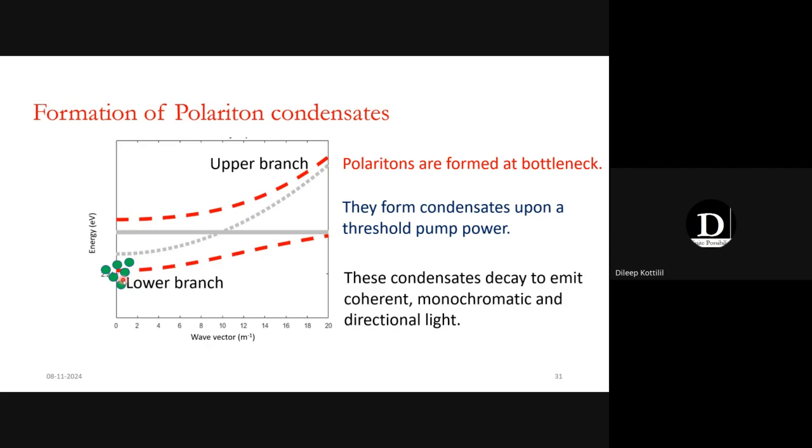These are still polaritons, but they have one energy. So if they emit, it's going to be monochromatic. They are all in phase. So when they emit, they are all in coherence. All photons are going to be coherent. And since the wave vector is 0, if it emits, it's going to emit in a single direction.